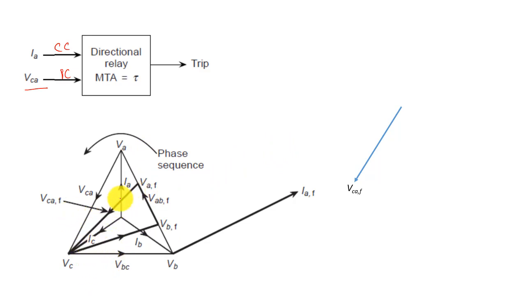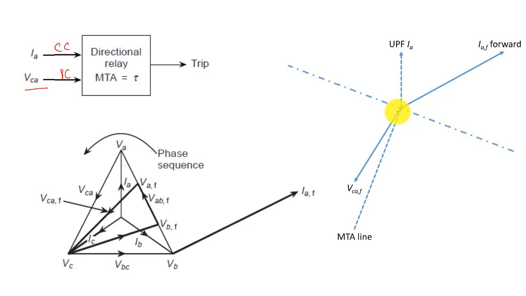Under fault condition, this is the voltage VCA, and this is your unity power factor IA, that is IA at unity power factor position, and IAF will be here in this region, as we have already seen. If we now plot the MTA and the corresponding IPC, or ICA, the current through the pressure coil will be around here in this region, that is IPC.